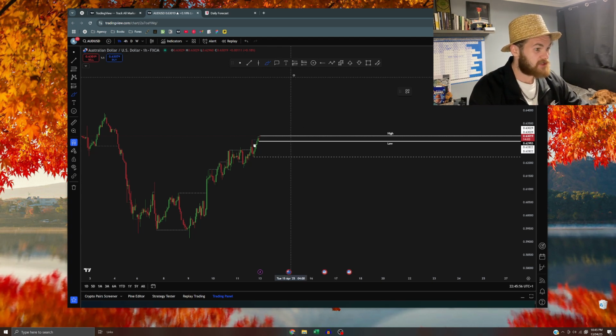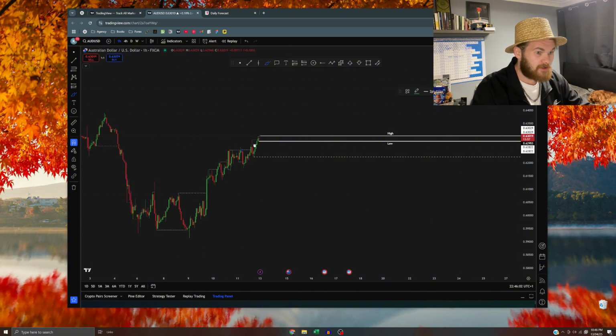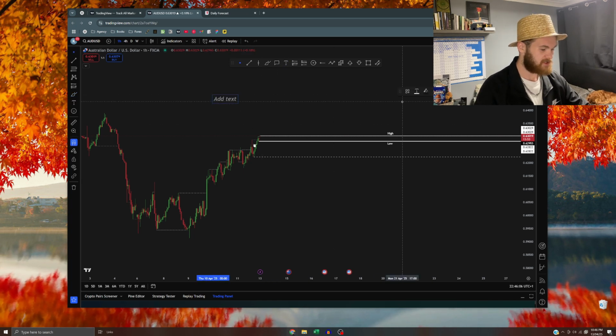If you look at my screen, you can see we've got AUD USD open on the 1 hour time frame. All I'm going to do now is start a text prompt and just type in here.